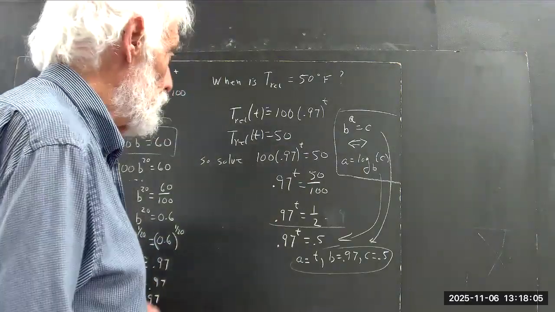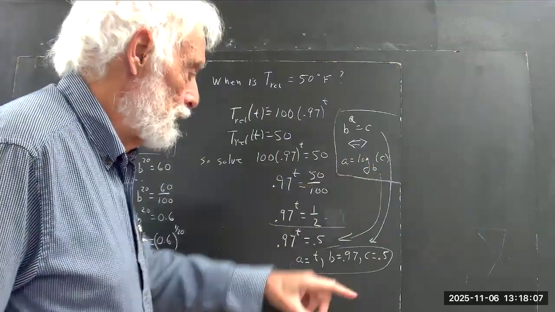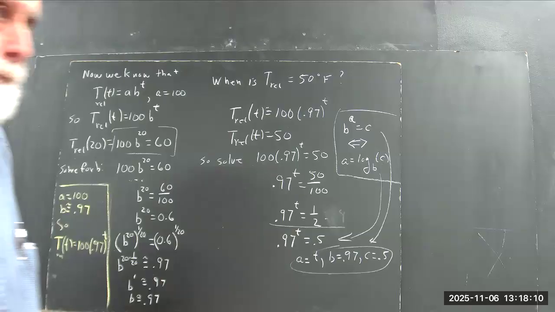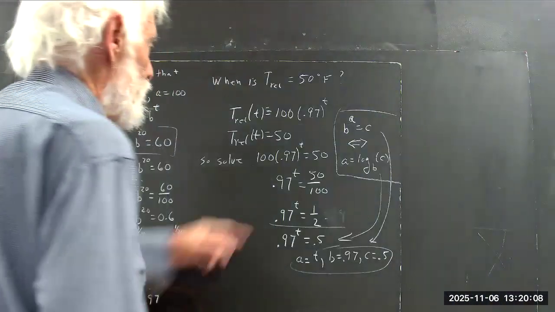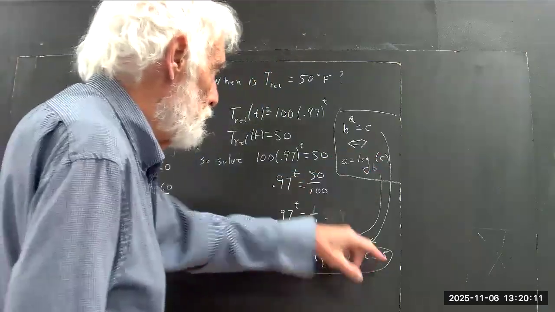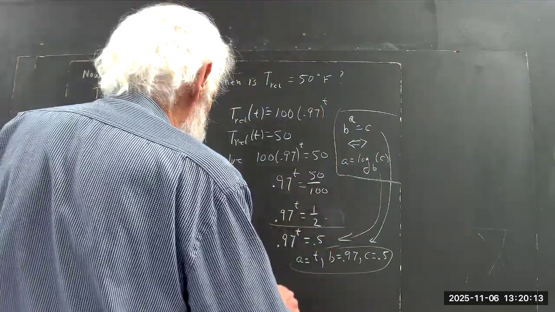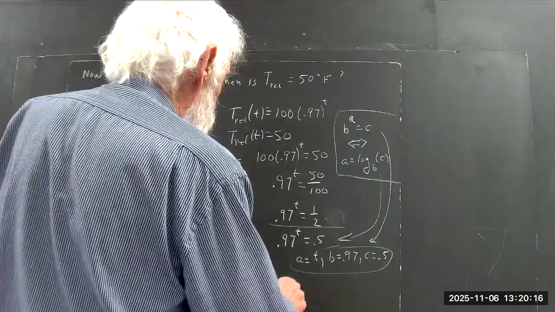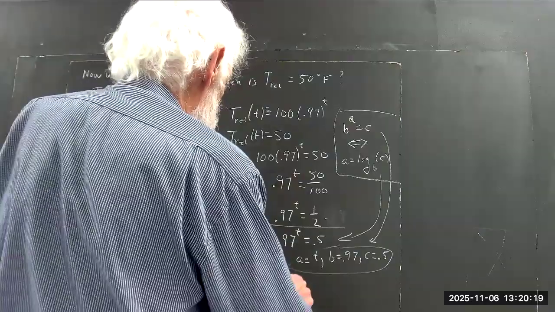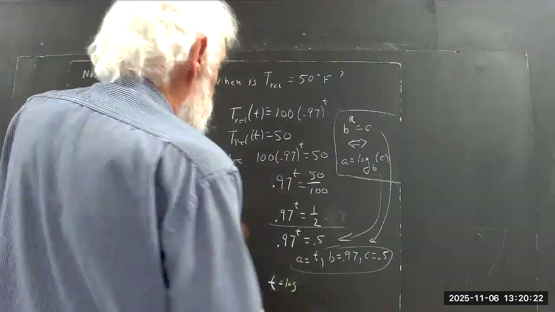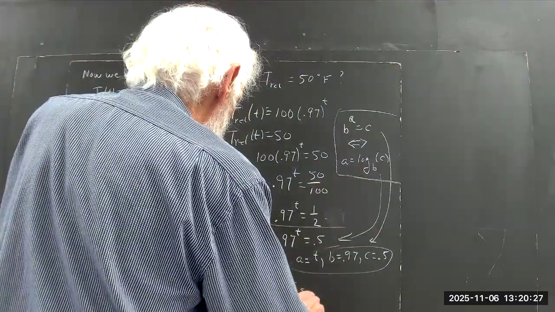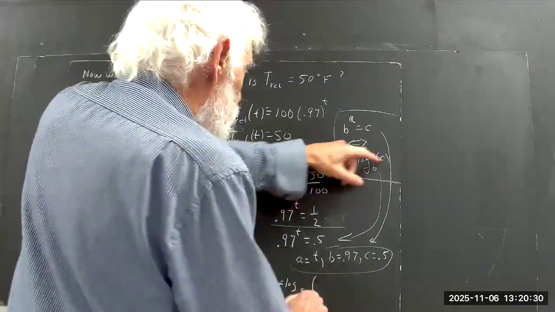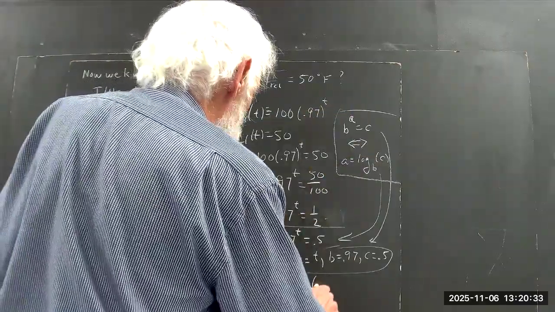So what is the equivalent equation? What is A equals log B of C? Write out that equation. Okay, so we write out this equation using the A, B, and C. A is T, so we write T, replacing A, equals log base B. B is your 0.97, and C is your 0.5.